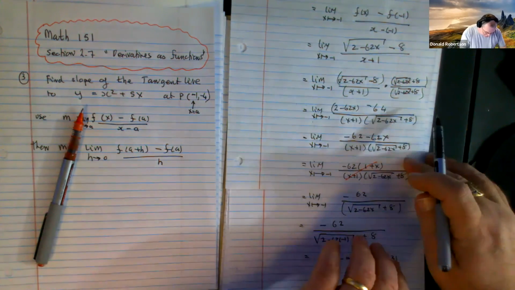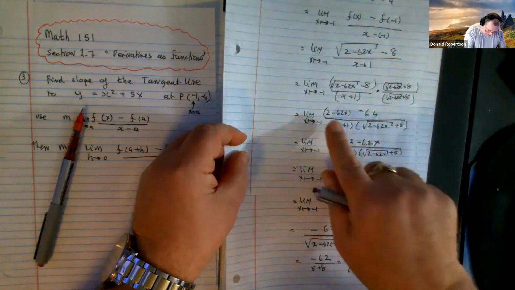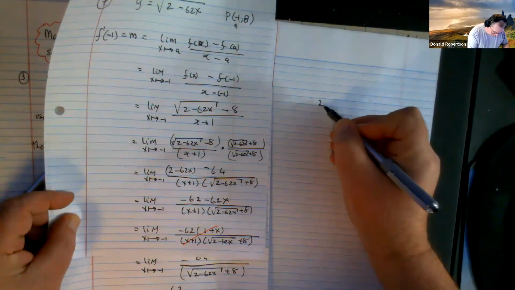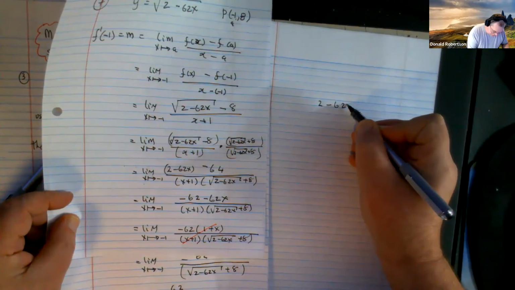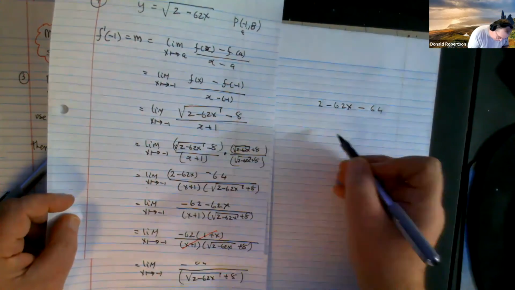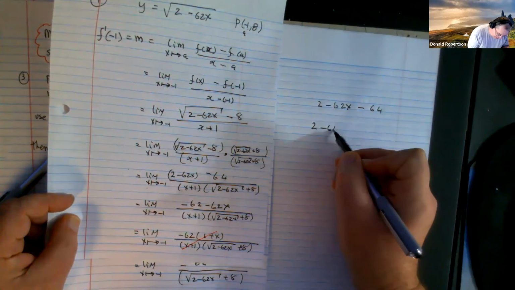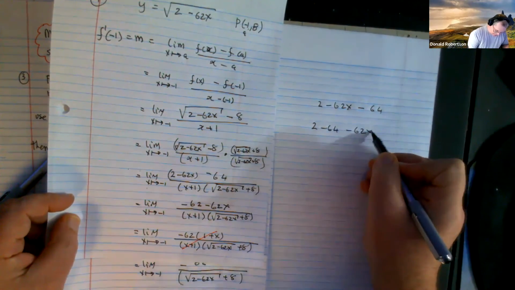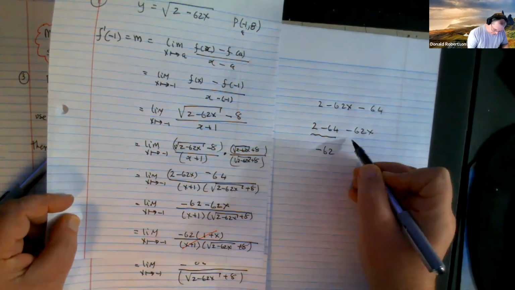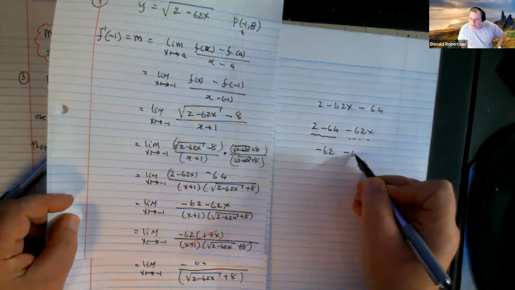Okay, so we're talking about this line here. So we have a 2, take away 62x, take away 64, right? That guy? Right, if I rearrange the order, it's that guy. That is negative 62, and that's what it always was.